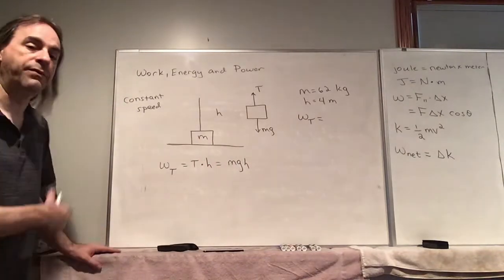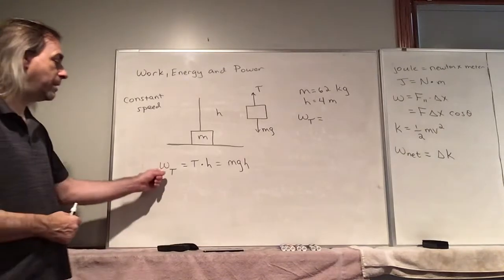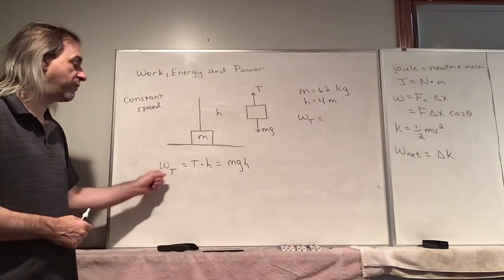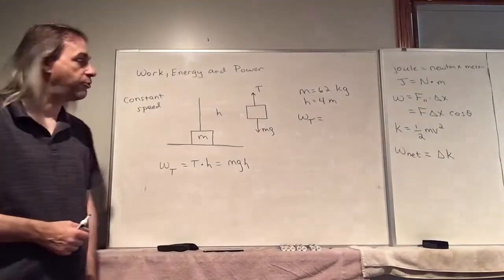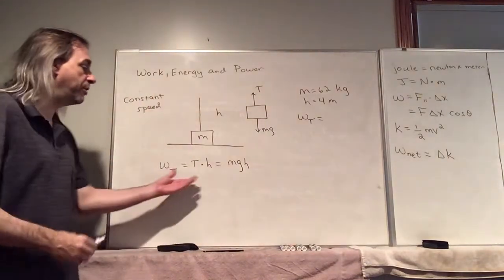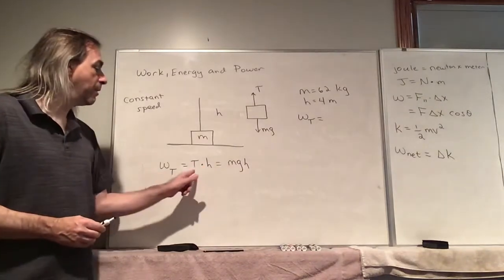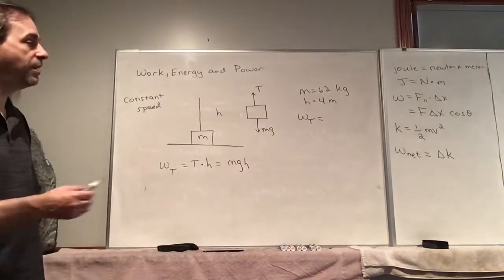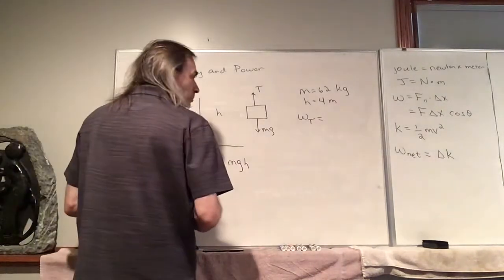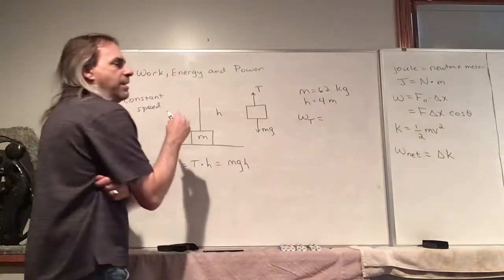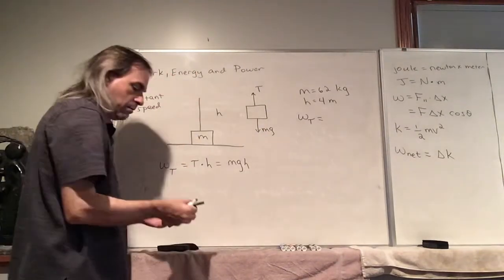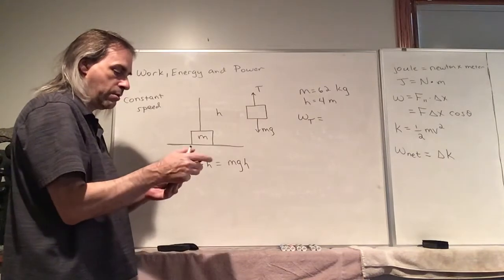It doesn't matter if the tension is equal to the weight or not. The work done by tension force is always going to be T times H, if they're both in the same direction. But because we know it's moving at a constant speed, we can replace tension with mg. So let's do that. 9.8 times 4, just cheat and use a calculator.